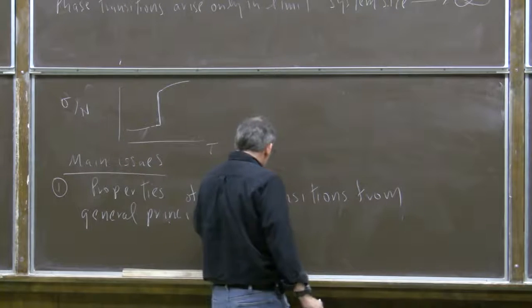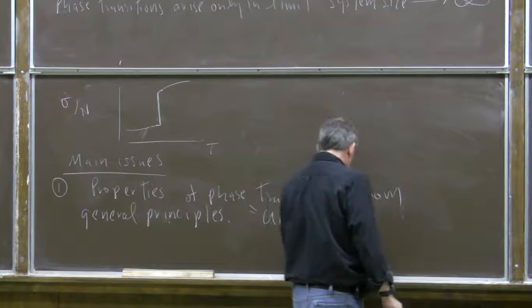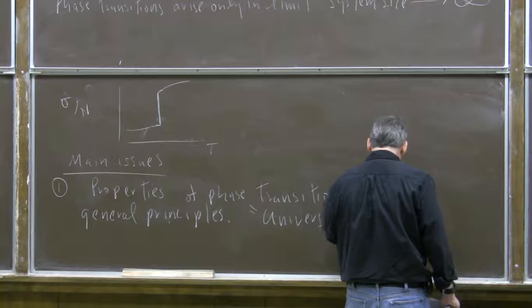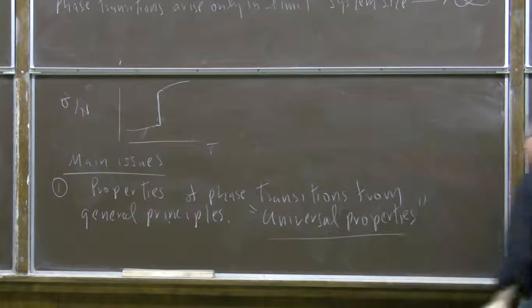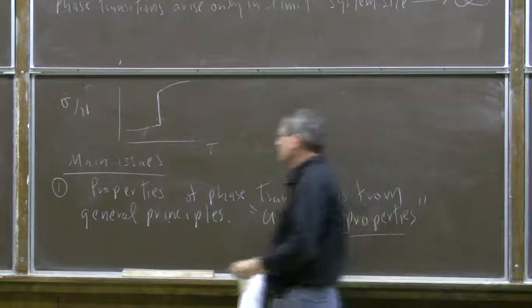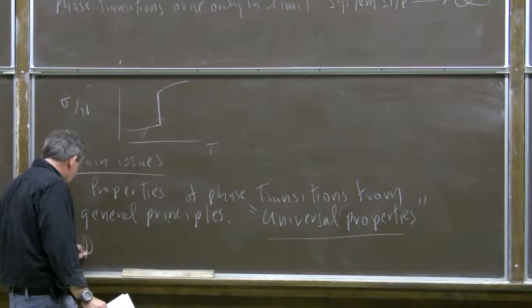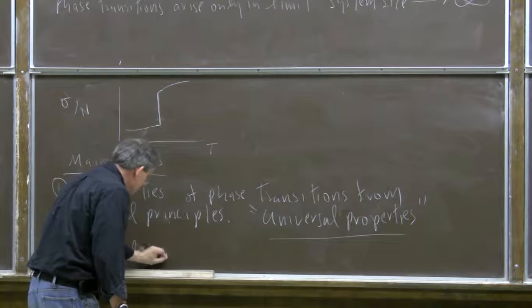So we usually speak of universal properties. The properties of the phase transition that are shared by many different phase transitions, many different materials, many different kinds of discontinuous behavior. That's what I mean by universal. So, things that don't depend on microscopic details.